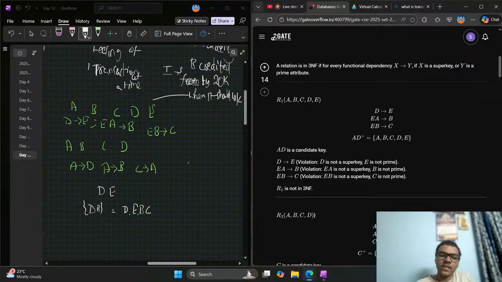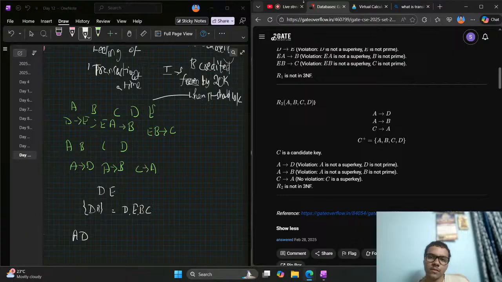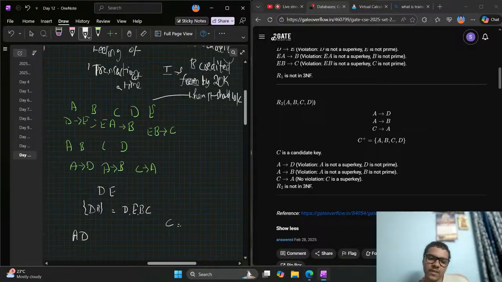If it cannot be derived by anything else, it should be part of the candidate key. AD is a candidate key. Yeah, I have heard closures and prime attributes. Okay. So you have ABC will be a candidate key. I mean C will be a key because it is needed.